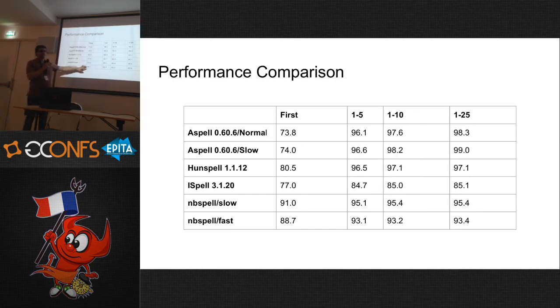The difference between the fast and the slow mode is that this test data set contains about 4,000 words, and the slow mode takes around 2 minutes to come up with spelling corrections for all those 4,000 words. The fast mode takes around 8 to 10 seconds to do spell corrections for 4,000 words.